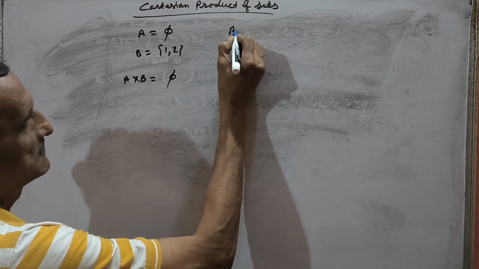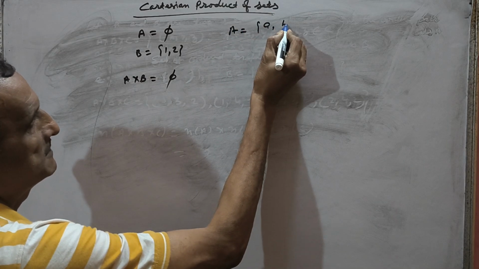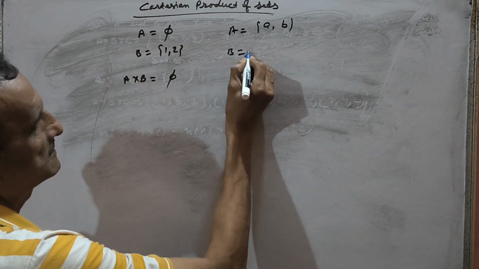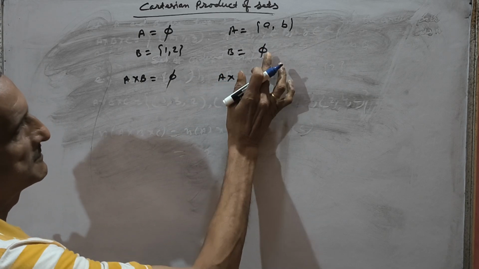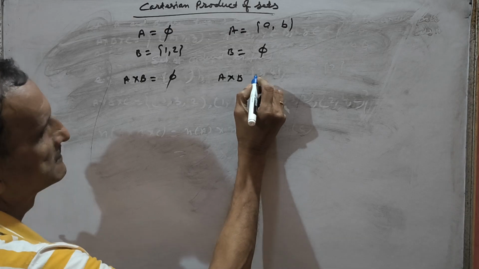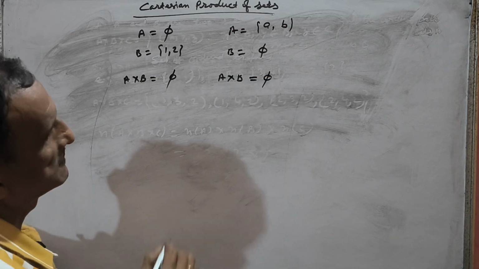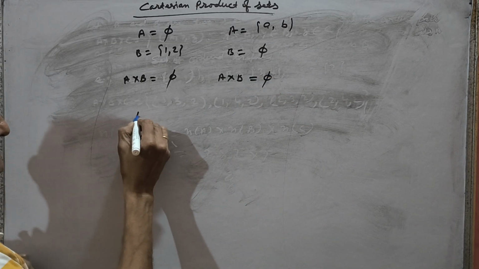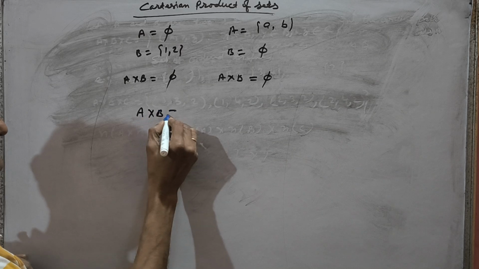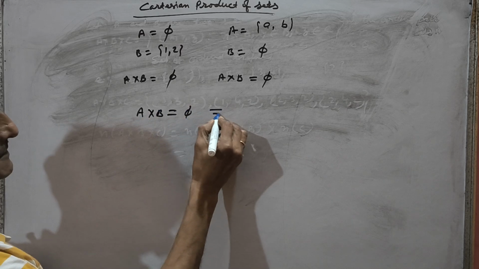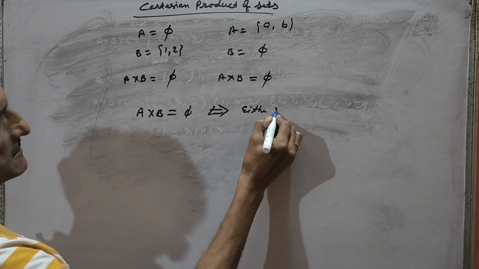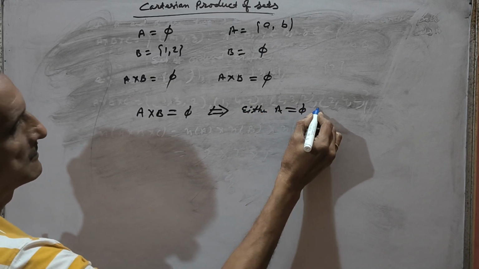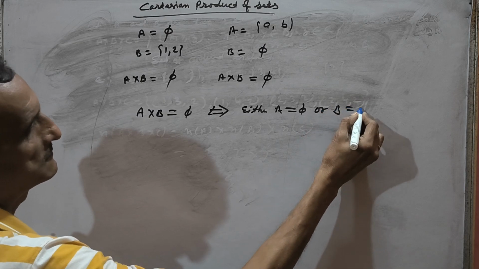If A is equal to, suppose, something {a, b} and B has no element, then also A cross B will not get any ordered pair because the second component is missing. So A cross B is also equal to the null set. Understood? A cross B will be equal to the null set if and only if either A equals the null set or B equals the null set.